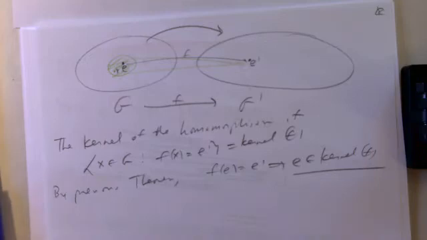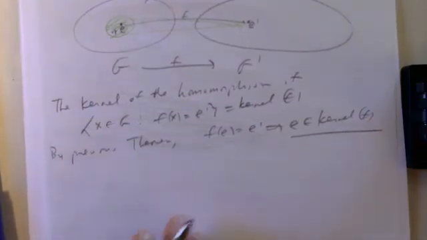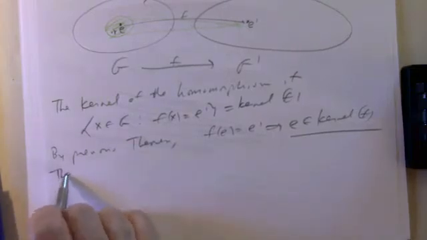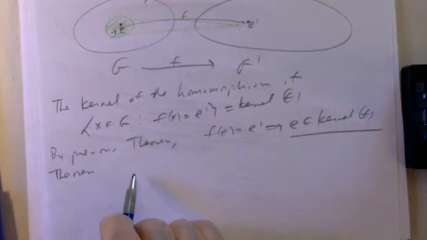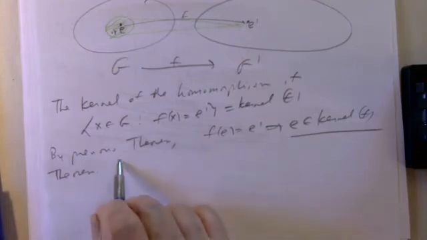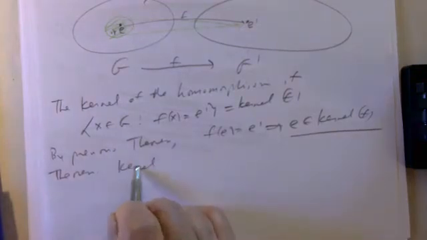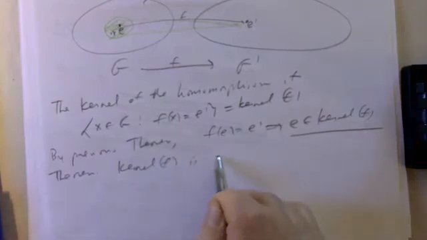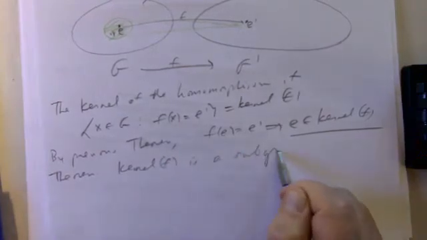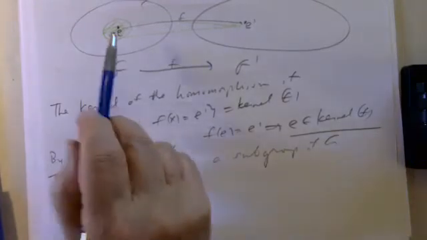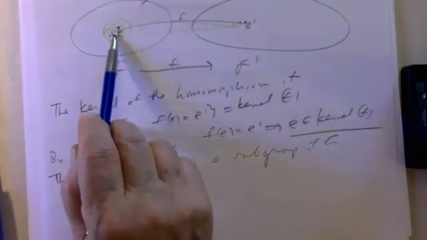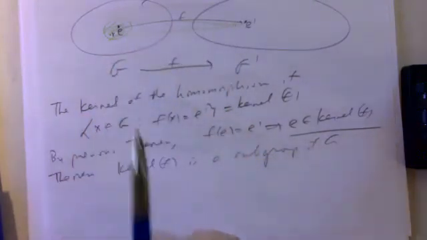Now the kernel of f has several very beautiful properties. The first is that the kernel of f is actually a subgroup of G. If I look at all the elements of G that get mapped by the function f to the identity, that actually forms a subgroup.